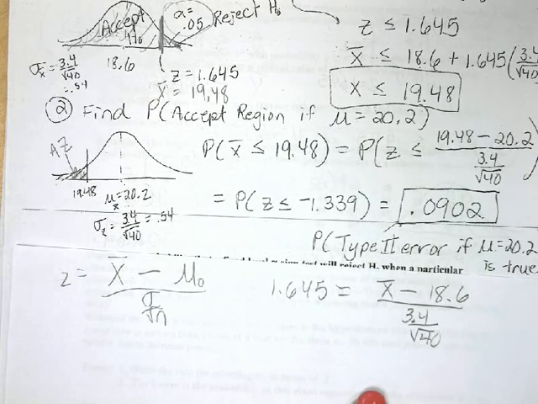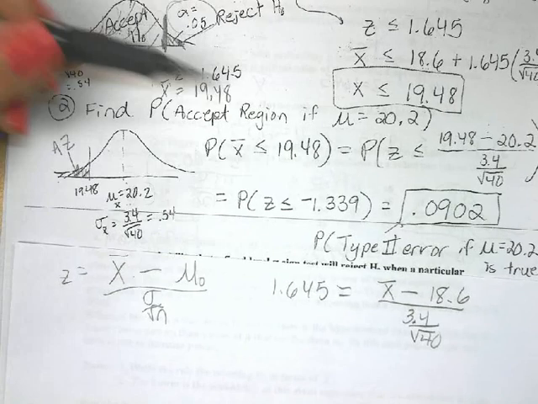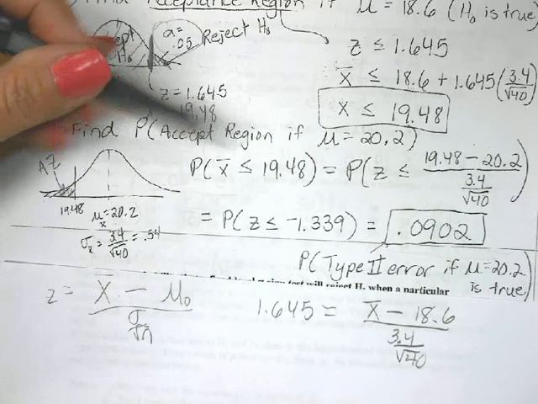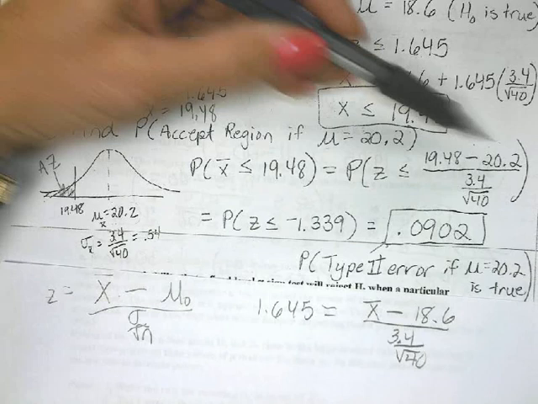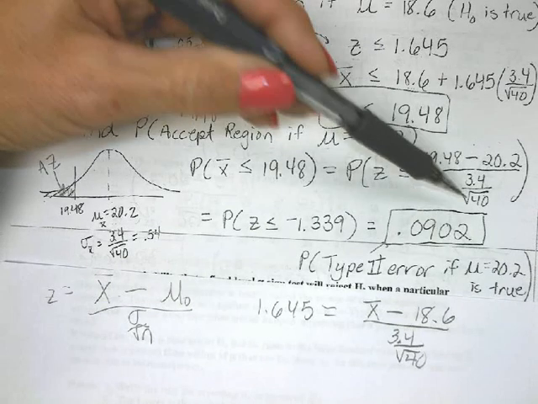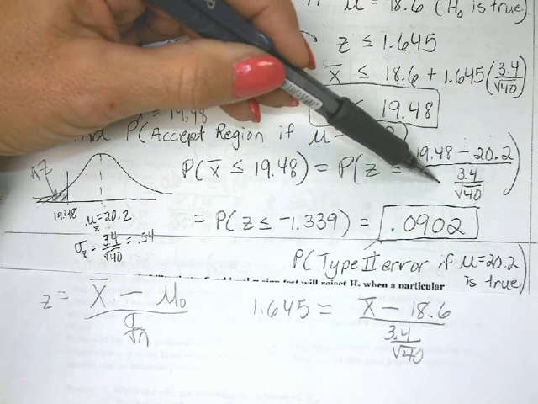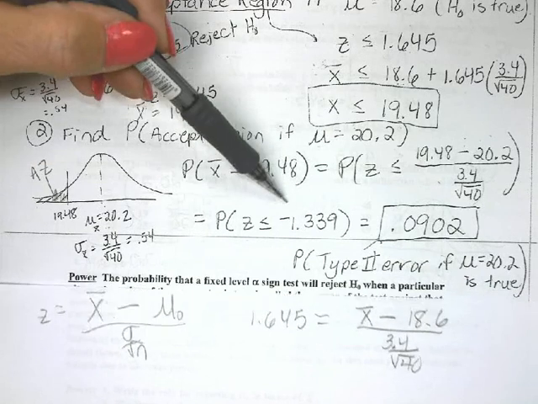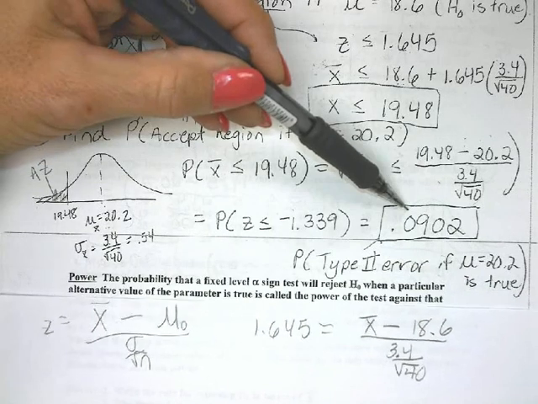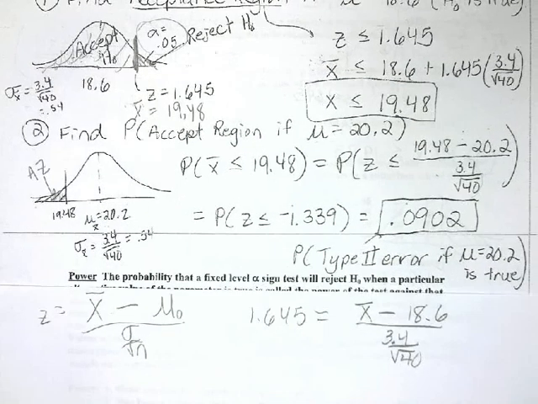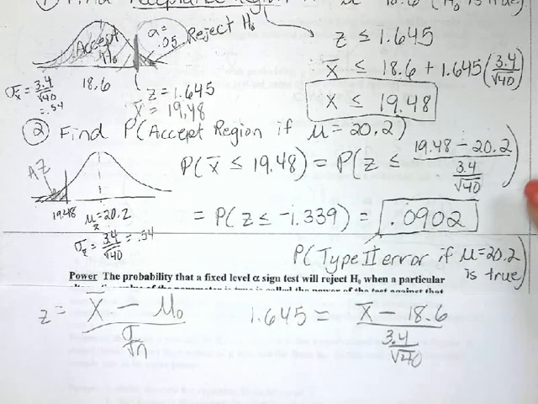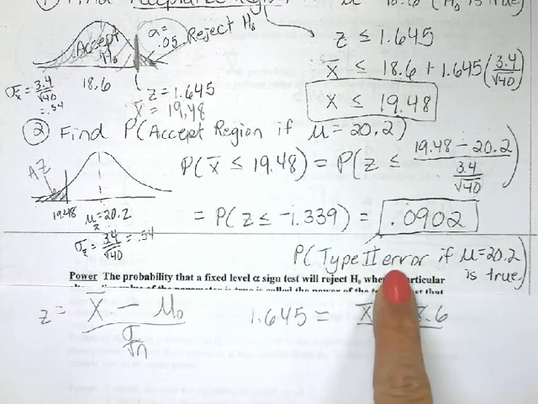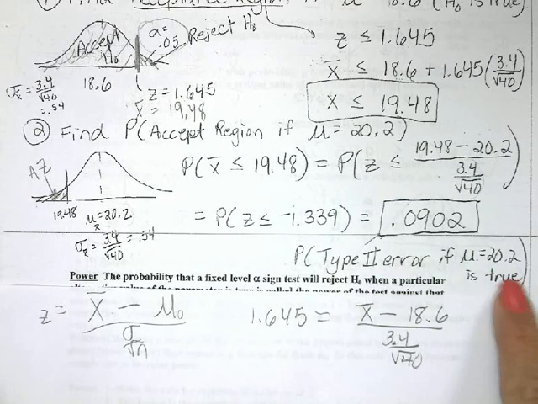And I find the likelihood of that by taking the number minus the mean that now is in my new picture, divided by the standard deviation, which is staying the same. And I find my z-value and my corresponding probability. So I have a 9% chance of making a type 2 error, that is, of accepting the null, when the mean is actually changed to 20.2.